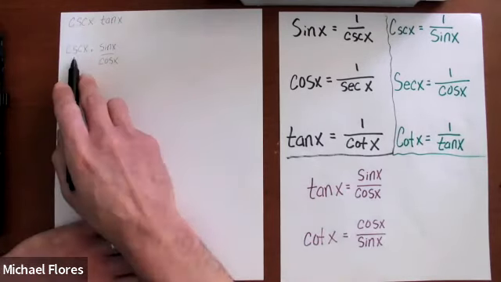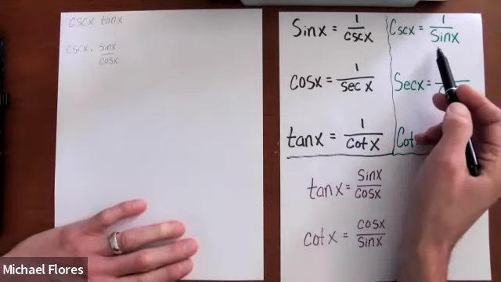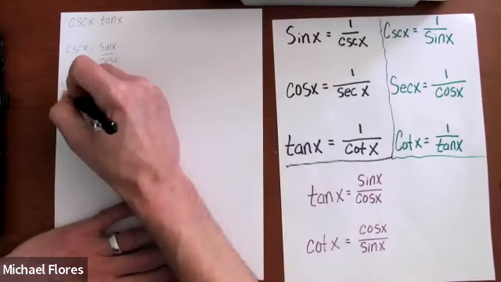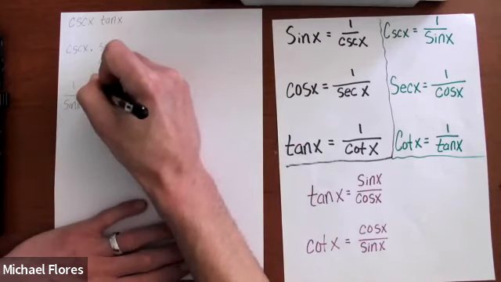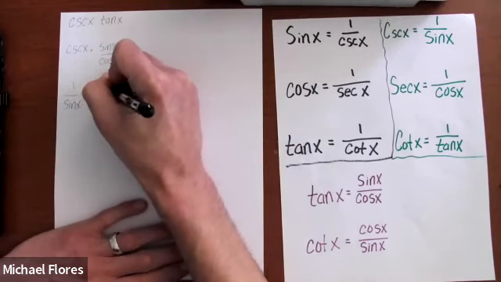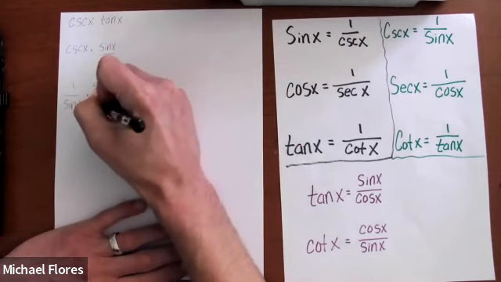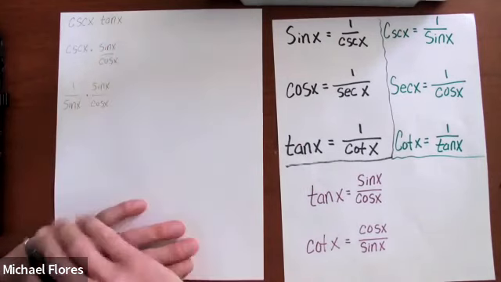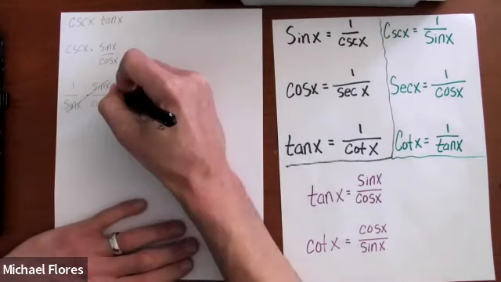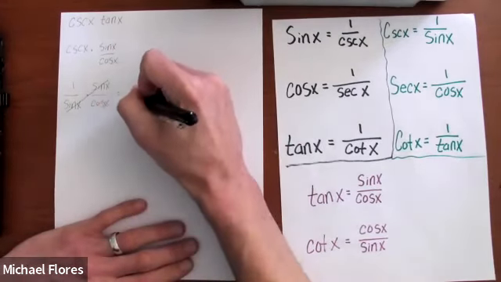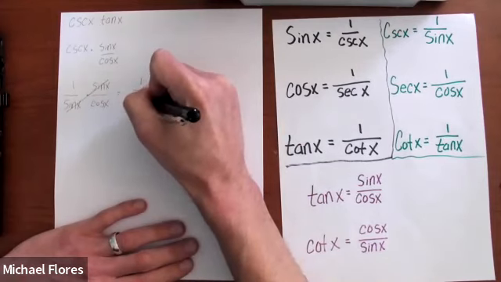So let me change cosecant to its reciprocal identity, which will be 1 over sine. Cross cancel.